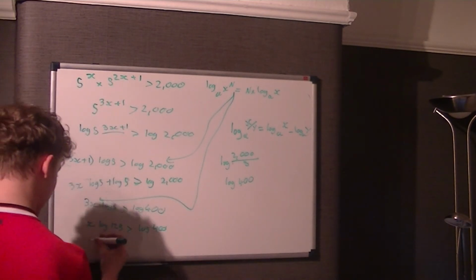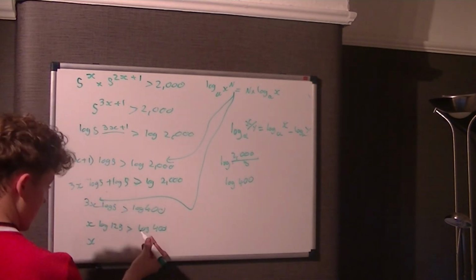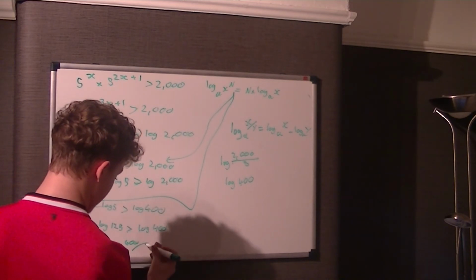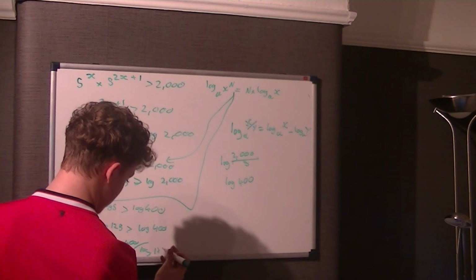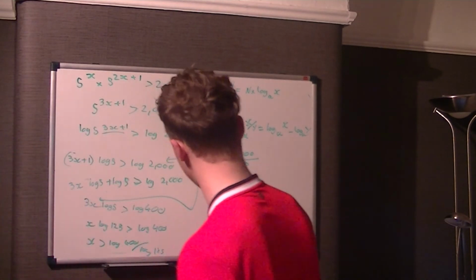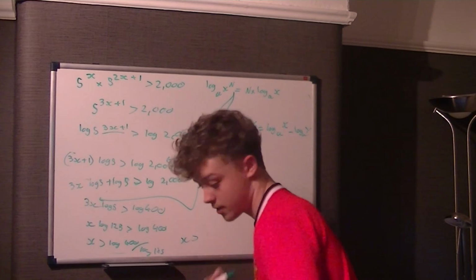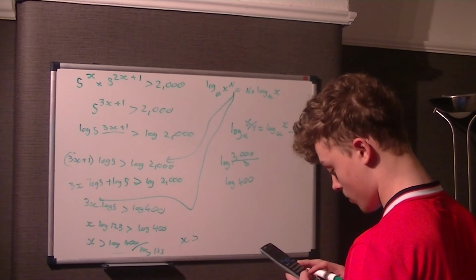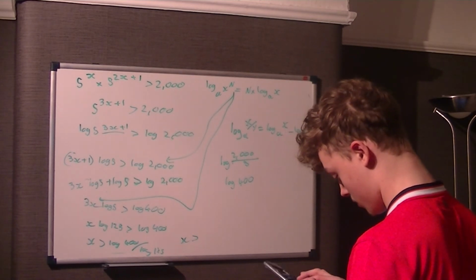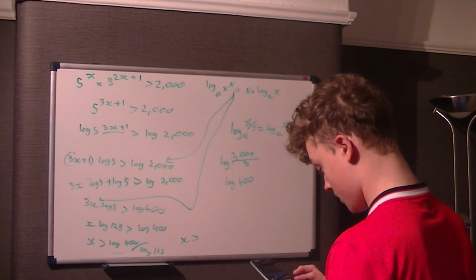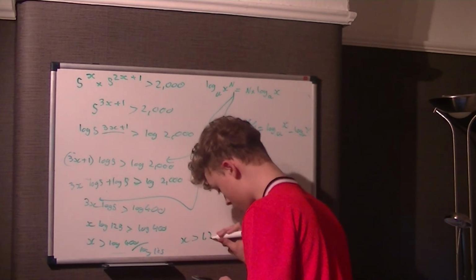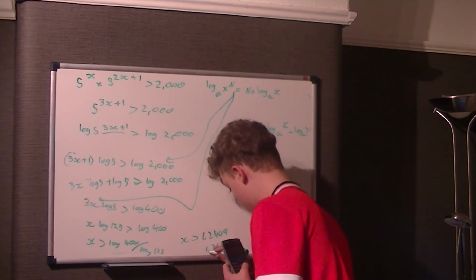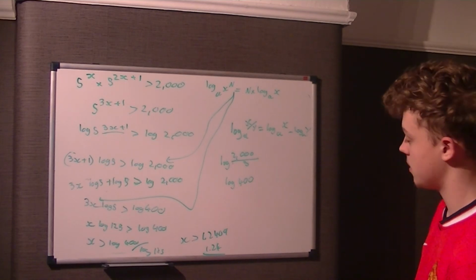And then we get rid of log 125 by dividing by log 125, so x is less than, sorry, x is greater than, let me just do it on my calculator here, log 400 over log 125. And that gets us 1.24, or 1.2 to 2 decimal places. So that's the answer to that question.